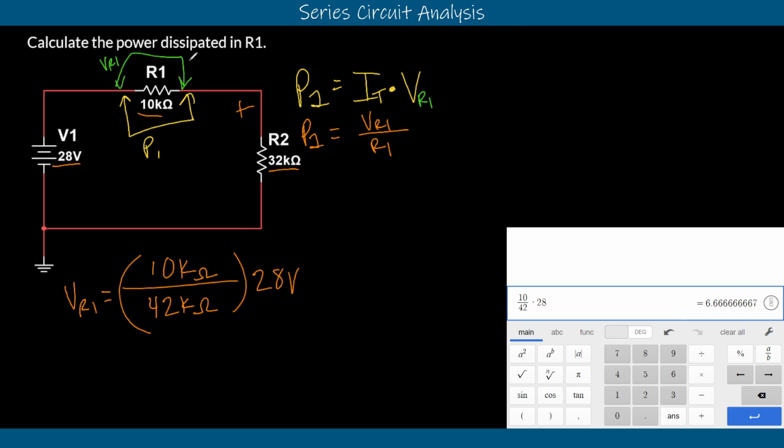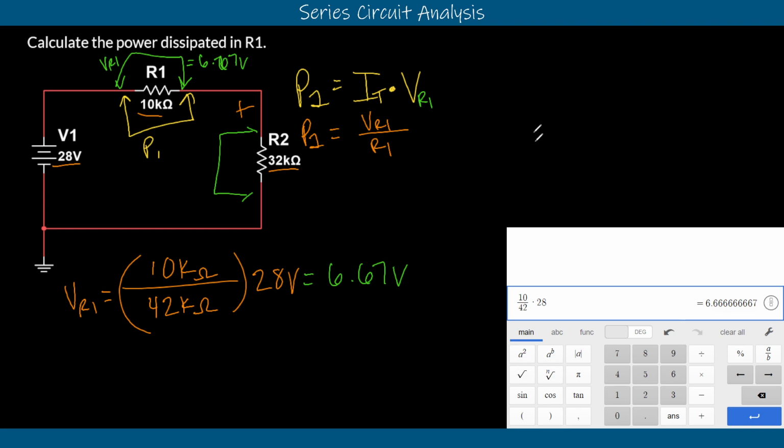So that means that the R1 voltage is equal to 6.67 volts, right? Out of 28, R1 burned up 6.67 volts, right? And that means that everything else that's left over out of that 28 volts is the voltage drop across R2. Right? So you could just subtract that. You can say minus 28 volts, and that's going to be whatever's left over across that other section of the circuit. We don't need that though, right?